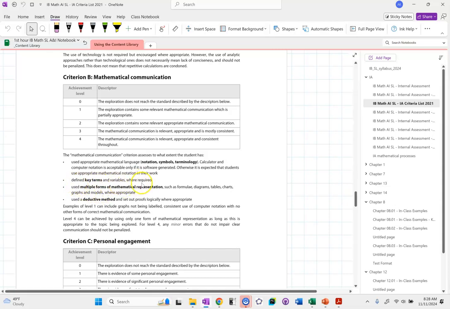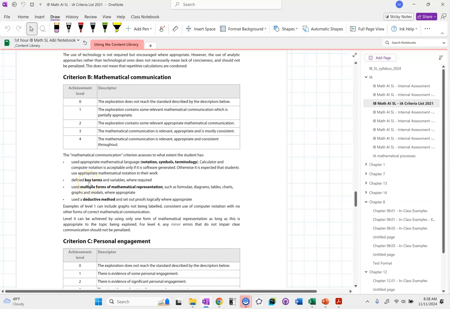Define key terms and variables where required. Before you start putting stuff into a formula, you're going to want to say, I calculated the mean for my data set. I calculated the mean by using this formula, and now I'm going to define each of the variables inside of this formula, right?